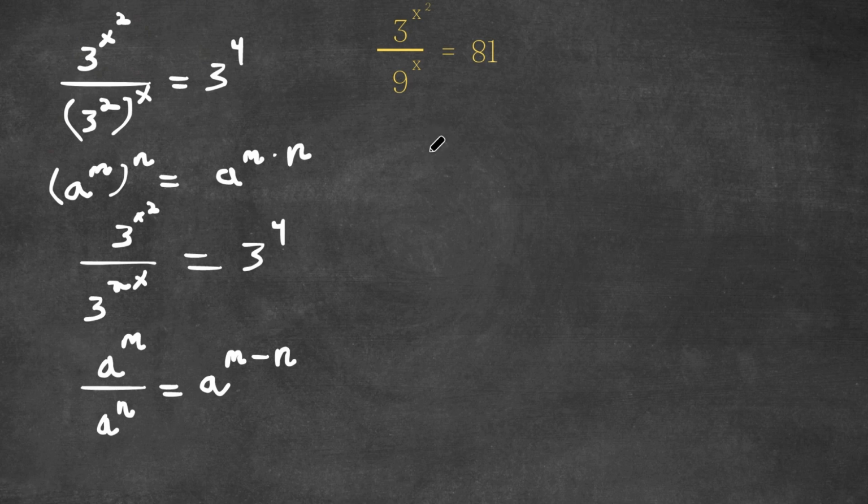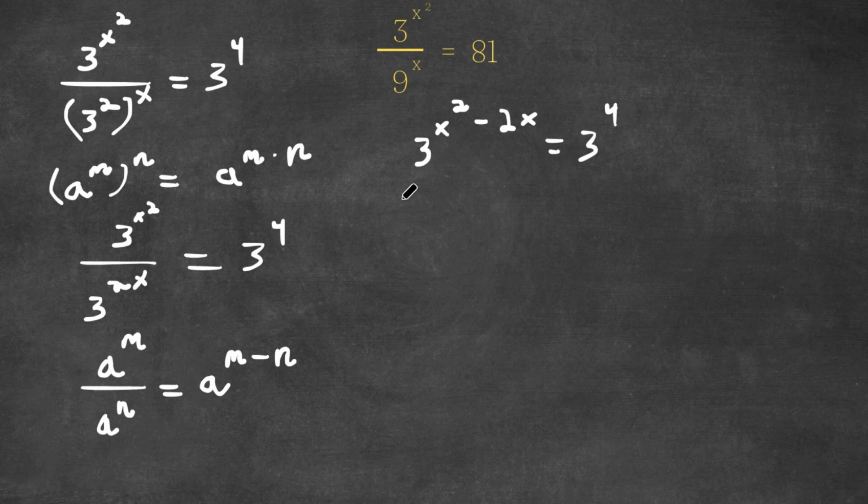So now I have 3 to the power of x squared minus 2x is equal to 3 to the power of 4.